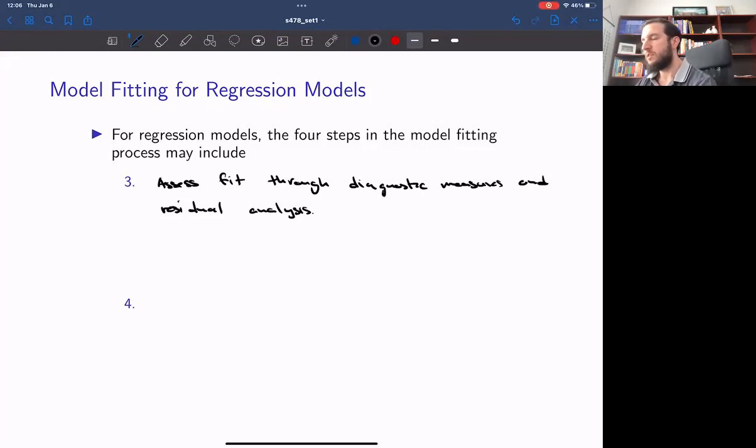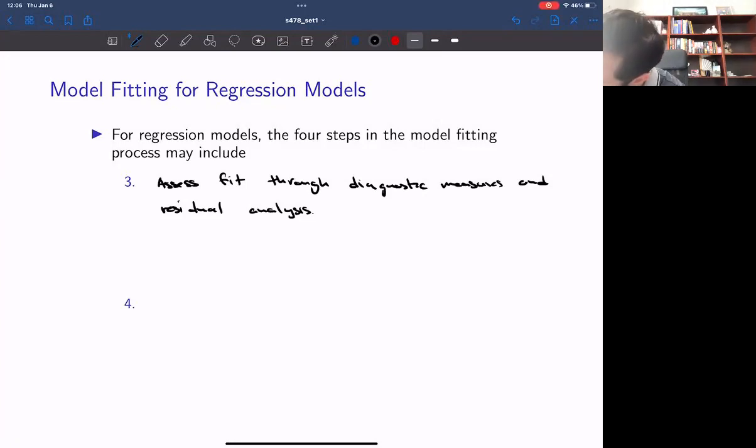And then under the assumption that the model assumptions hold, that's when we would start to turn to diagnostic measures to evaluate the actual fit of the model. It might be the case that the error term follows the distribution and has the properties that we expect, but that doesn't necessarily mean the model is going to fit well. That's where our diagnostic measures come into play, things like R squared or the adjusted R squared, for example. Okay.